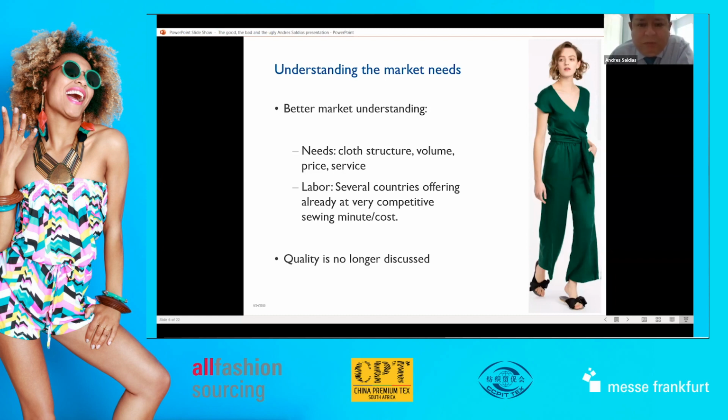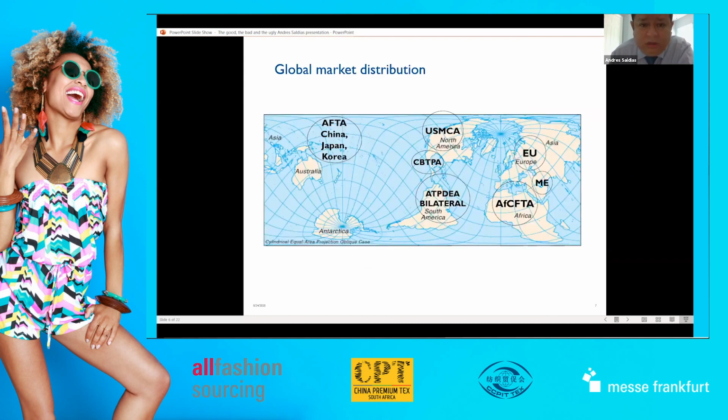So there are multiple players in Central America, Latin America, Bangladesh, Vietnam, and so on and so forth that are providing labor. So what's the point? The turning point to be different is to learn how to supply the cloth, even though you don't have the cloth in your investment. Regional value chain is the answer to that. And of course, quality is no longer discussed. You cannot go to a buyer and say, I produce good quality. It's a given. You do not discuss quality any longer.